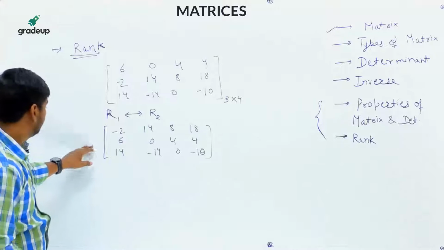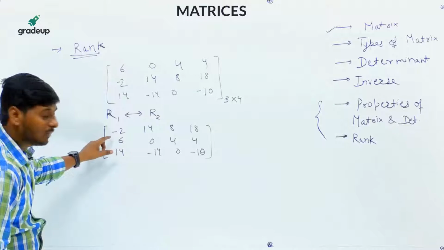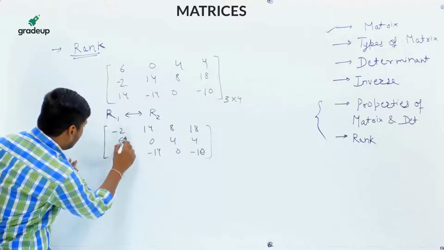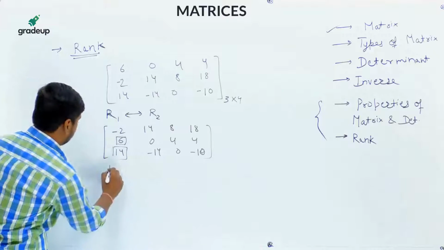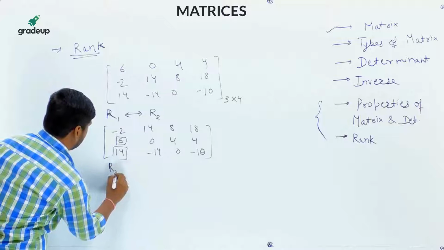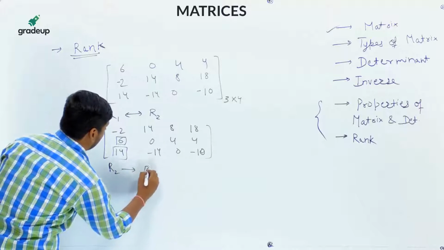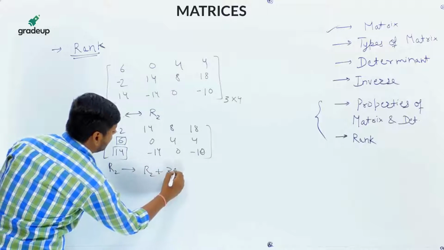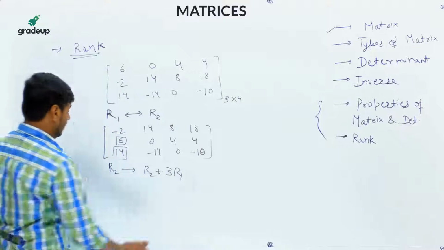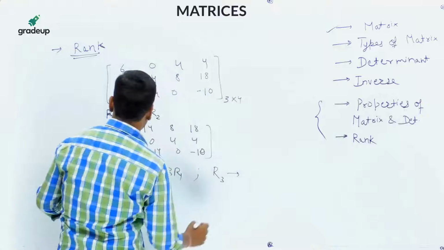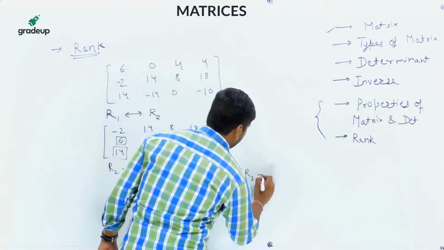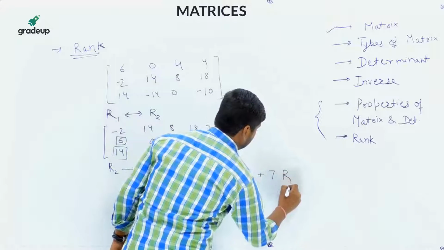Now we will make these two elements of the first column 0. So we will apply a transformation here. R2 is replaced with R2 plus 3 R1, and R3 is replaced with R3 plus 7 R1.